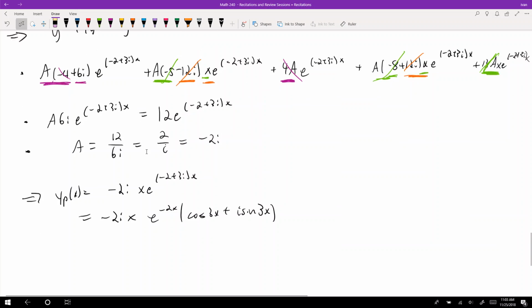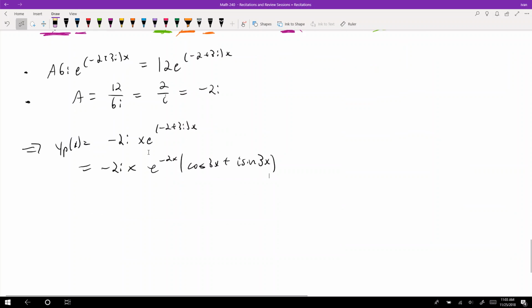If we multiply this out, you get negative 2ix e to the negative 2x cosine 3x, and then minus 2i squared, so that's plus 2x e to the negative 2x sine 3x, because i squared is negative 1.